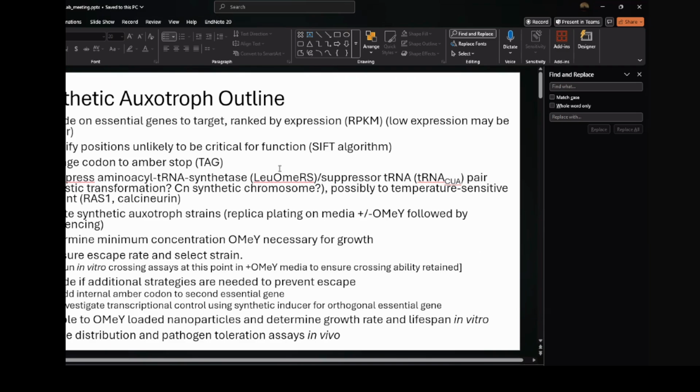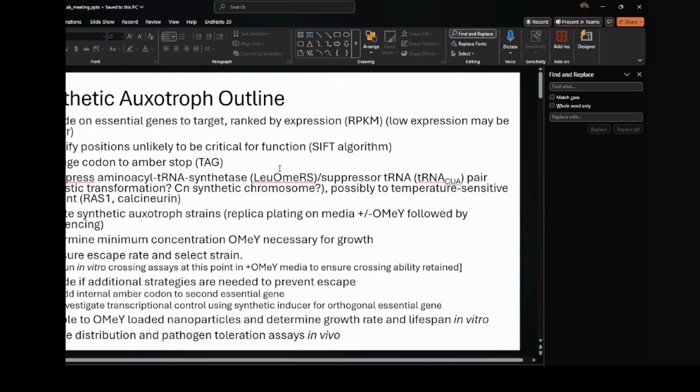We decided on one gene here and knocked that out to cause the synthetic auxotroph phenotype. Maybe we could do a second one to increase the control, or add the transcriptional control they talked about, changing out a promoter to something inducible by something else that could be loaded into the nanoparticles.